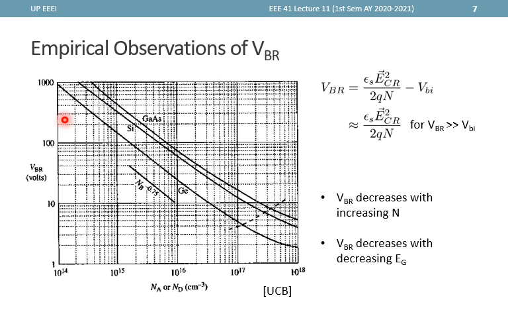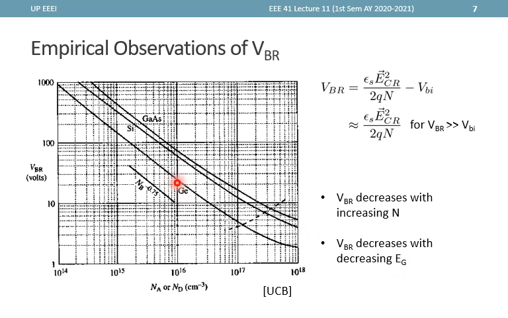At this portion, when the breakdown voltage is relatively large, we can approximate the breakdown voltage to overshadow VBI, and we have this expression right here, although this approximation may not hold at this portion. So VBR decreases with increasing N, and VBR decreases with decreasing EG.